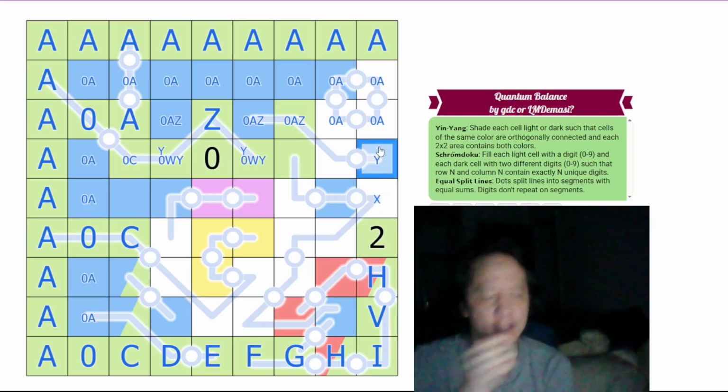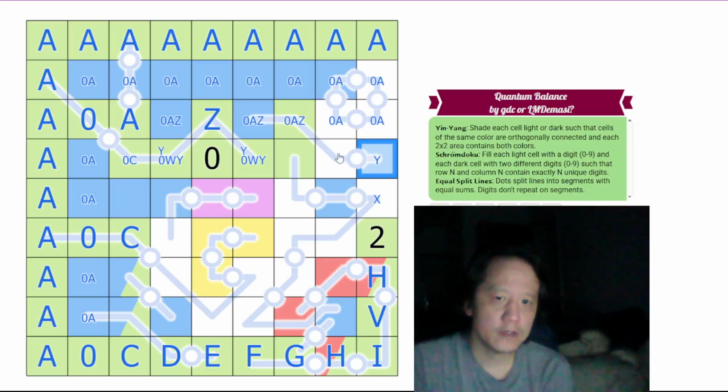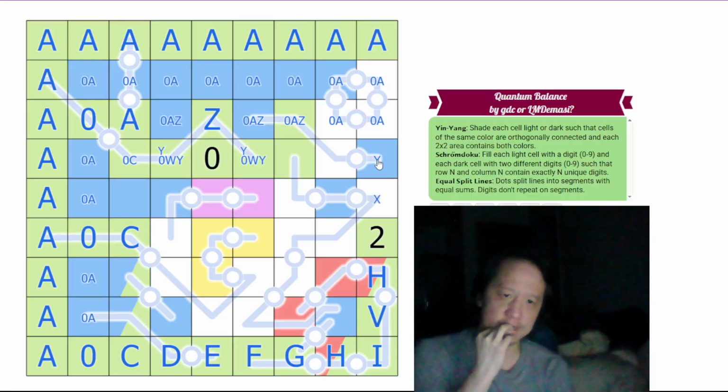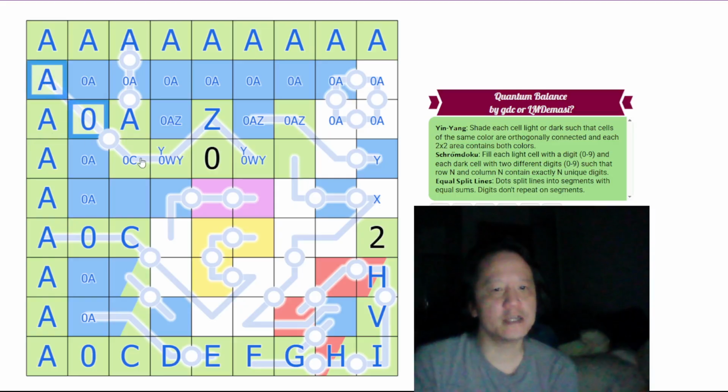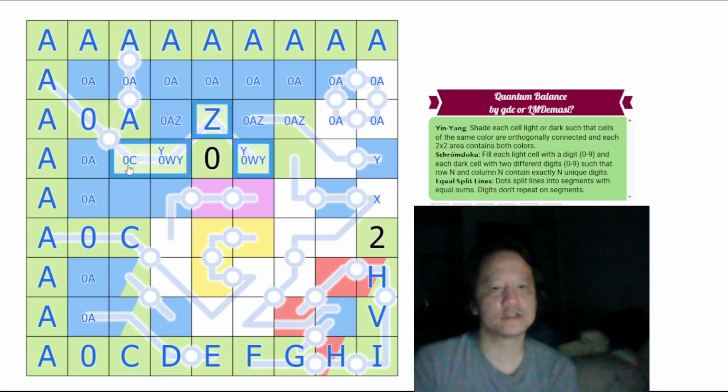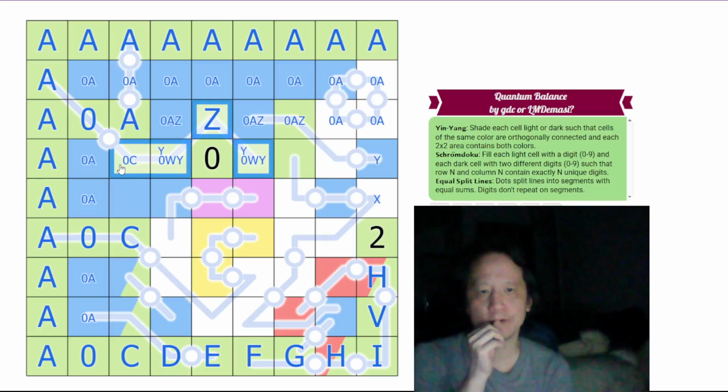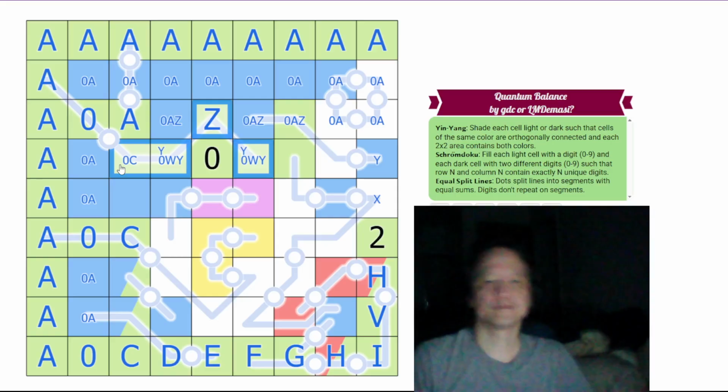Say it's not A and Y. This would have to be a different digit, right? So, okay, A is the sum of 3 unique digits. So A is 6 through 9 here. Guaranteed.